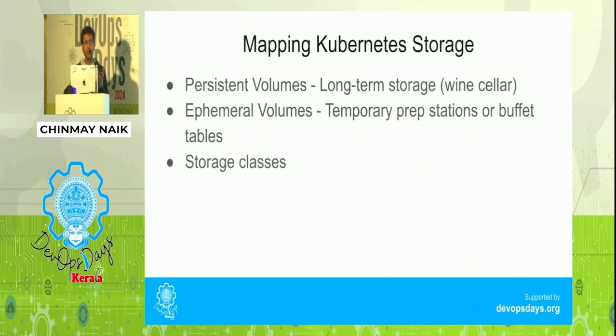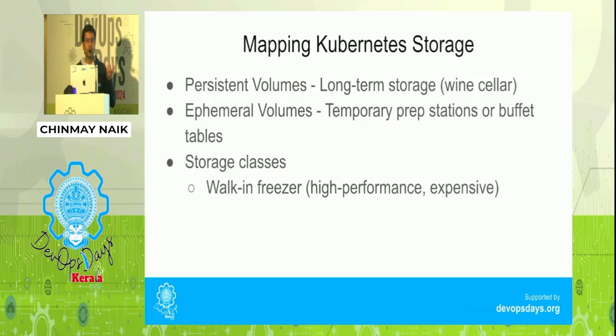You have this concept of storage classes in Kubernetes, various types, like you can configure, you create your own, you can attach it to your storage, and then accordingly attach appropriate storage to the pods and deployments that you need. So for example, thinking in that way, you have your walk-in freezer. Not many restaurants have that, but if you had that, then imagine a massive freezer.